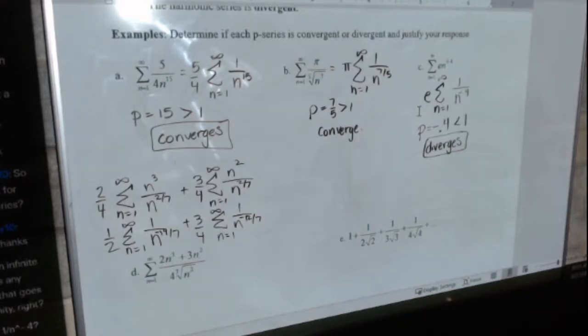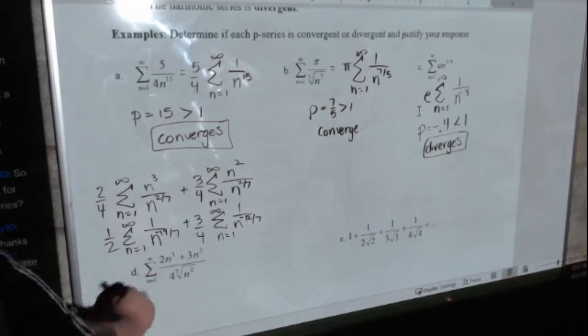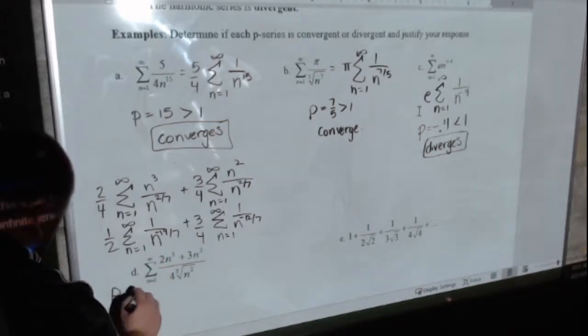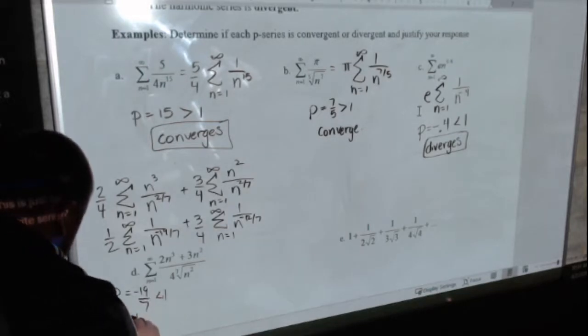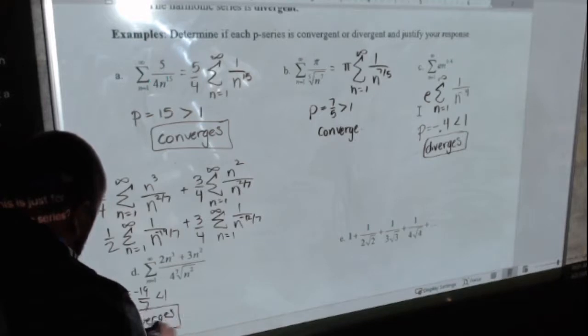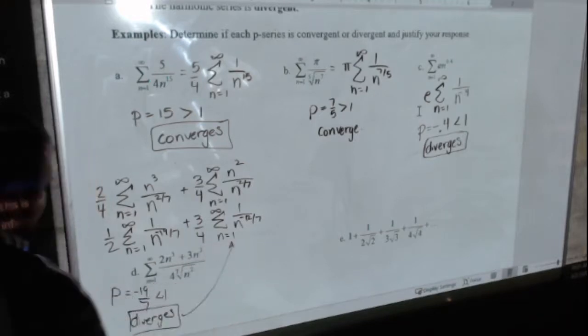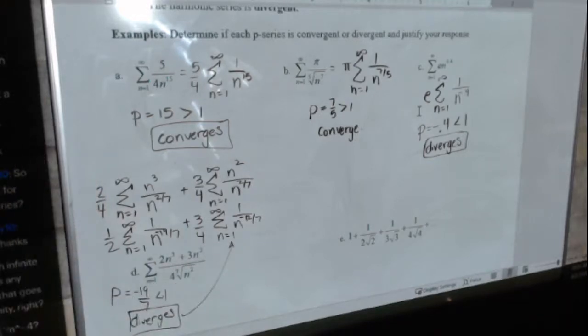So it turns out that this one right here, if I take p, it's minus 19/7, that's less than 1, that diverges. And technically, so does that one. But once again, if I break the original sum into 2 separate ones, and one of them diverges, the entire original sum also diverges.